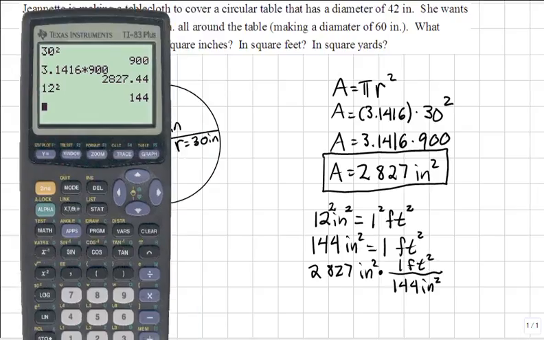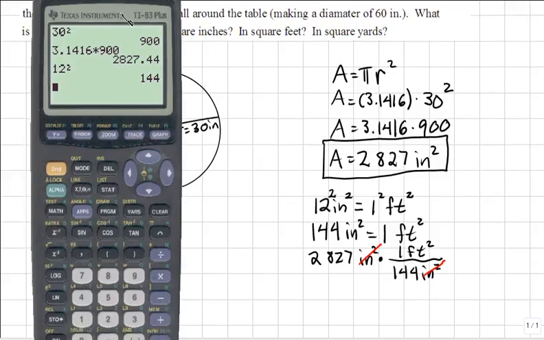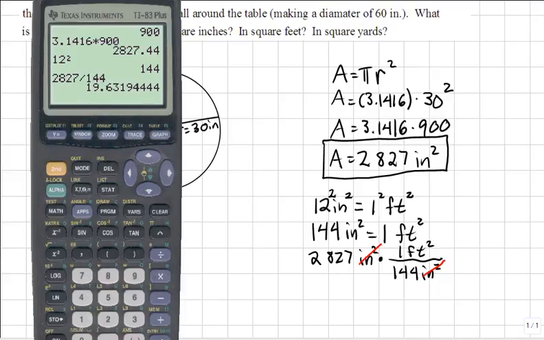We now see that the square inches will cancel and our result will be in square feet. So we'll take our number 2,827 and divide that by 144. Hitting enter, we now see that our area, which we'll still write as A equals, is now 19.6 square feet.